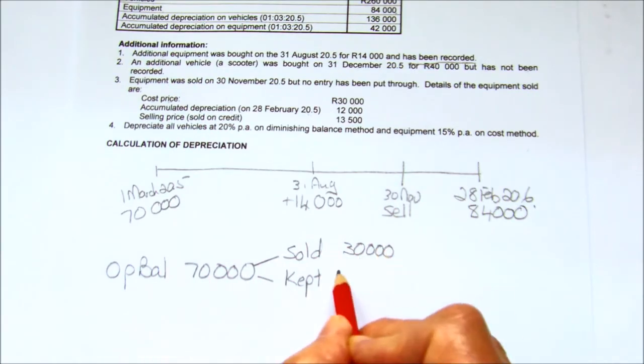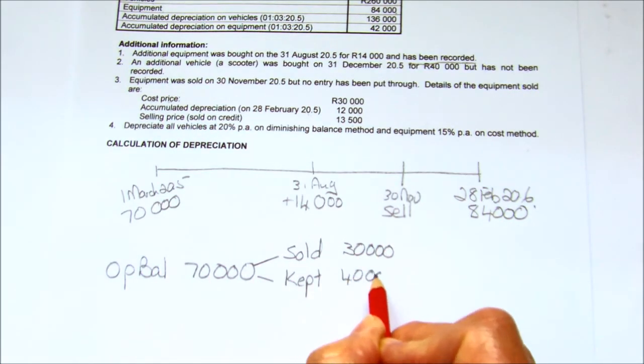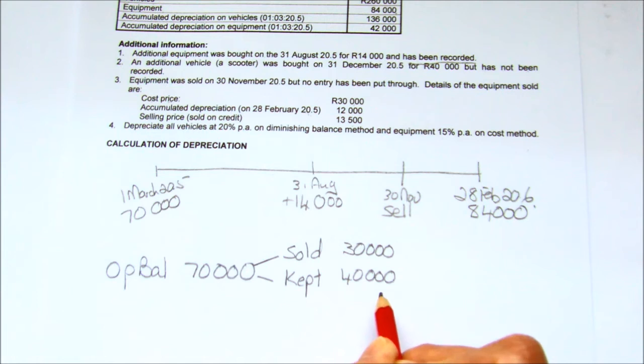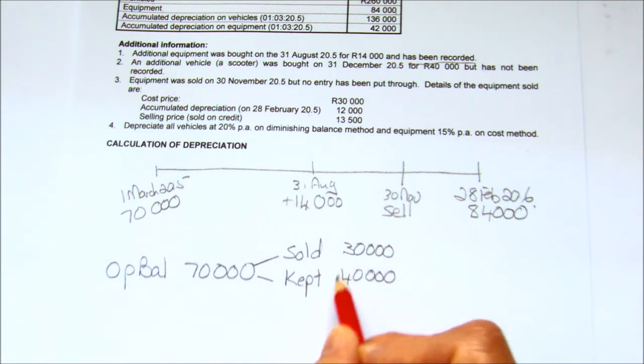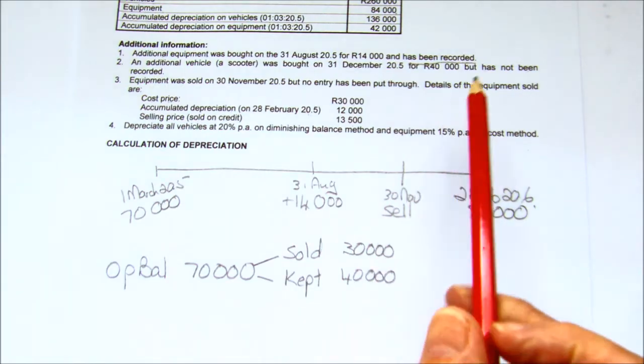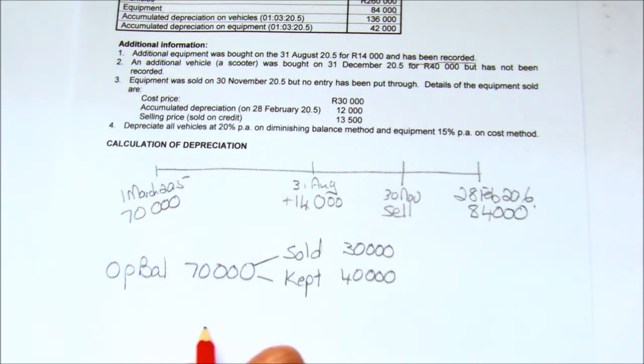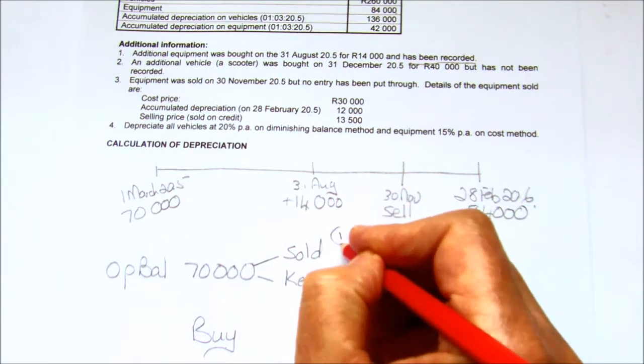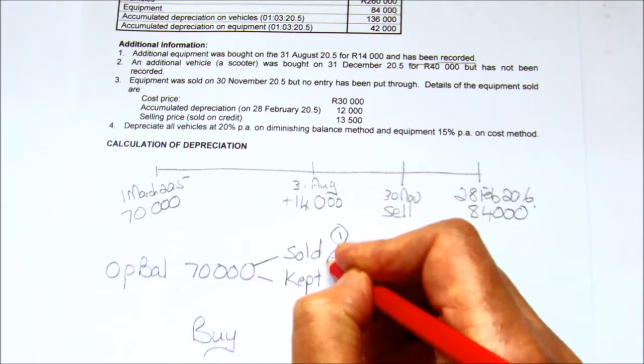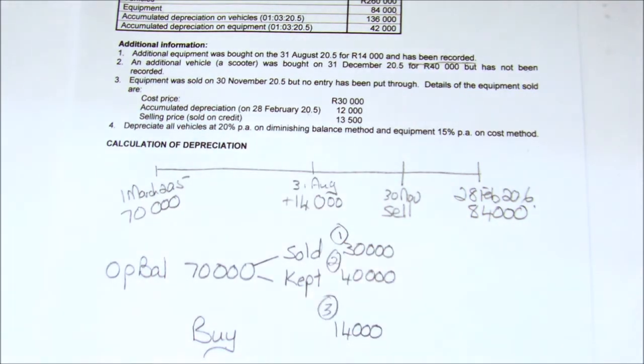So if I subtract those two, I'm left with the second piece of equipment for 40,000. How do I know it's still there? Because there's no mention made of it. But then we bought another one for 14,000. So here's the 3: the one you're selling, the one you kept, and the one you bought.